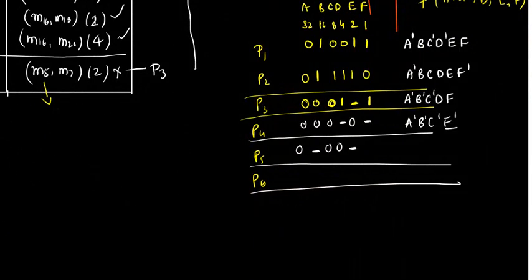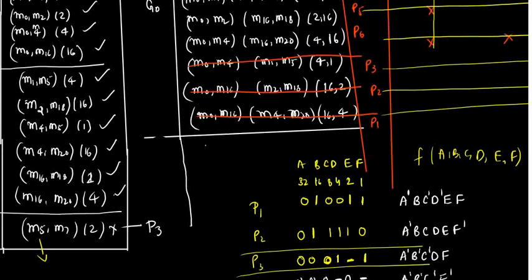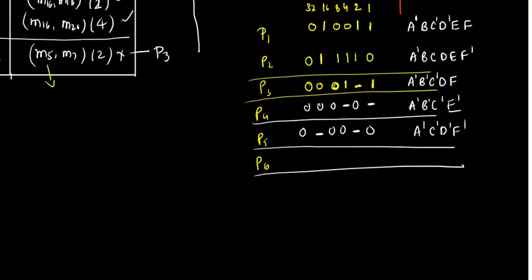So it is A prime, C prime, D prime, F prime. P6 is 0, 4, 16, right? 4, 16. Rest are zeros. So A prime, C prime, E prime, F prime.